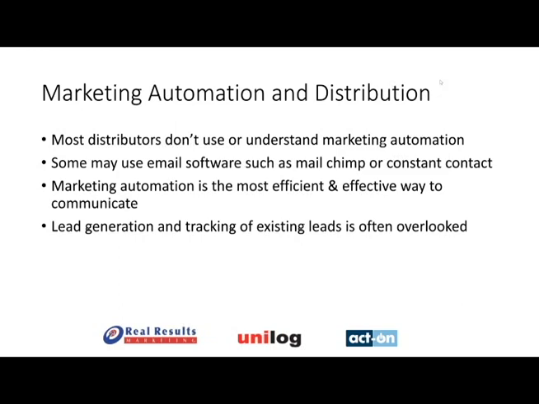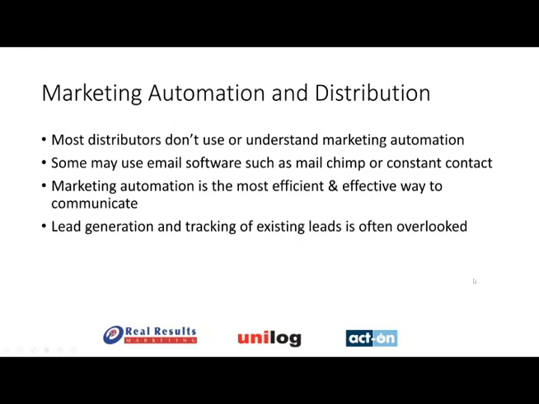Here's what we've seen in terms of marketing automation and distribution. We measure this every year, and only about 15% of distributors are using marketing automation. Most are using something like a MailChimp or a Constant Contact. And there's really an opportunity to leapfrog what your competitors are doing.